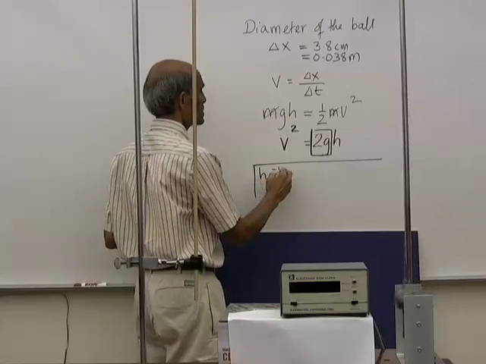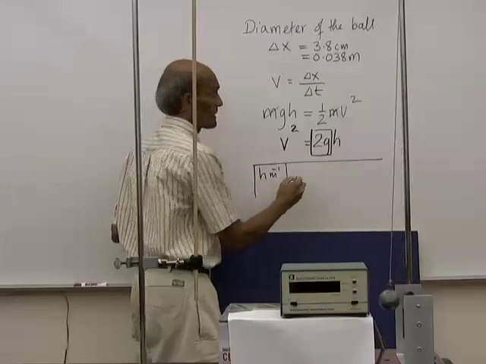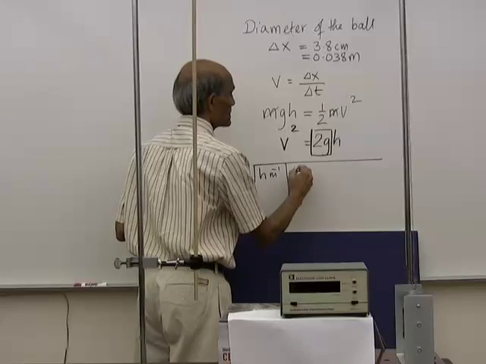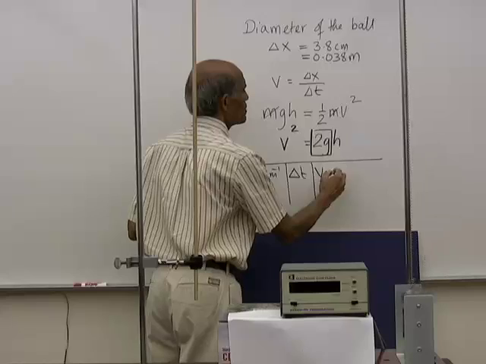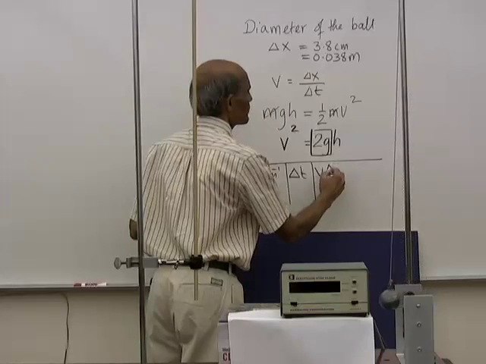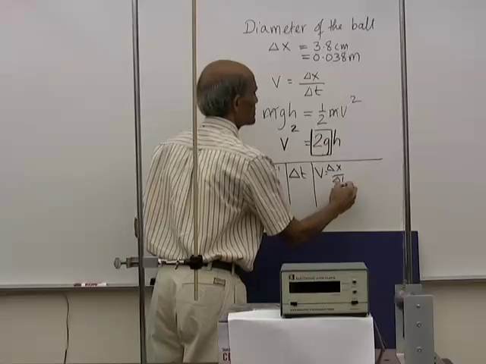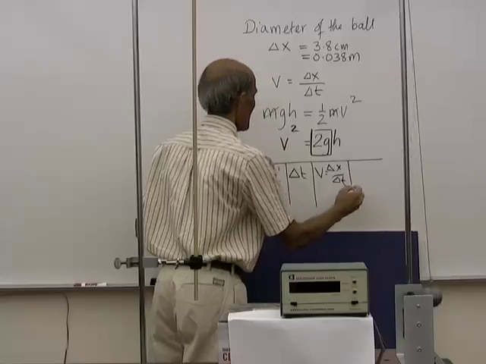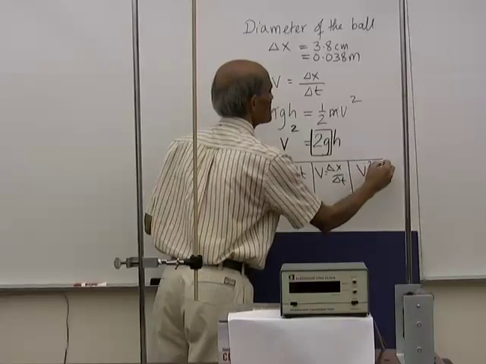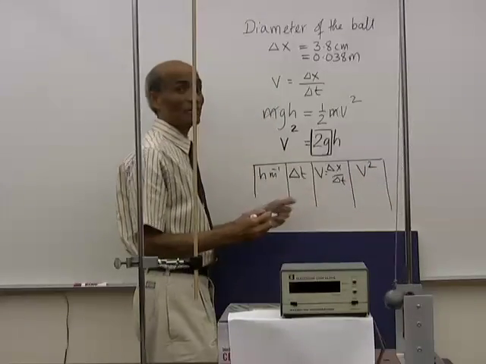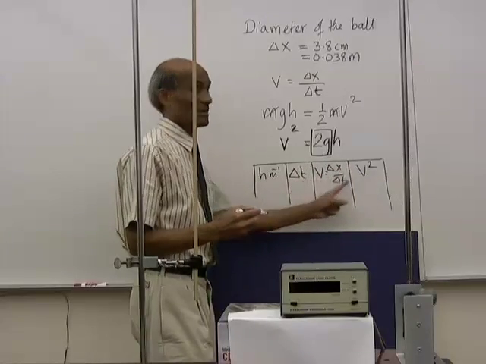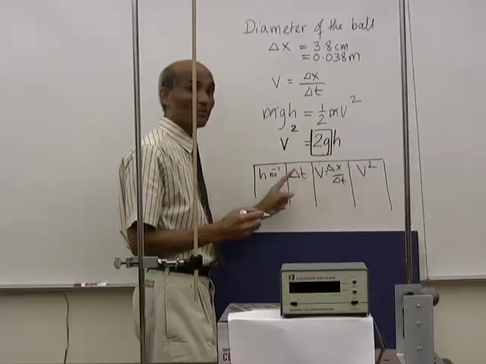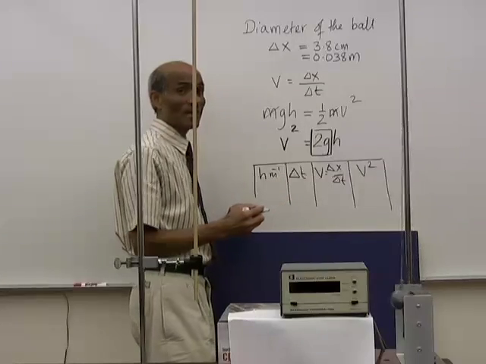H will be measured in meters, then delta t, then your V equal to delta x divided by delta t, and then of course V squared, because you're going to plot a graph of V squared on the y-axis and h on the x-axis.